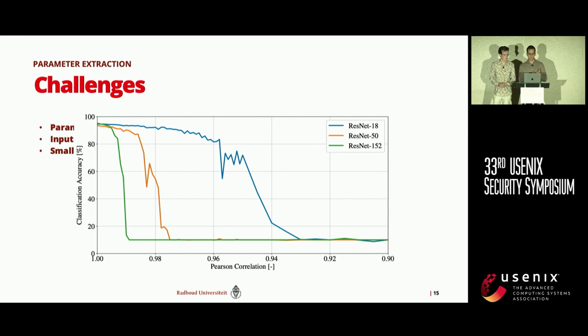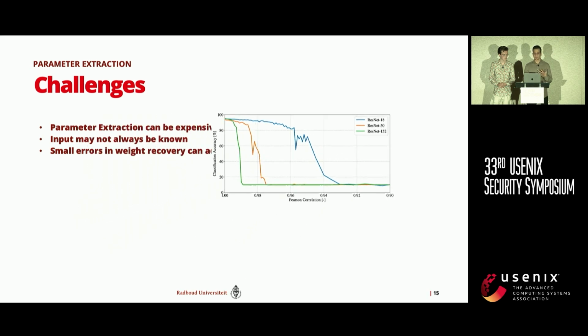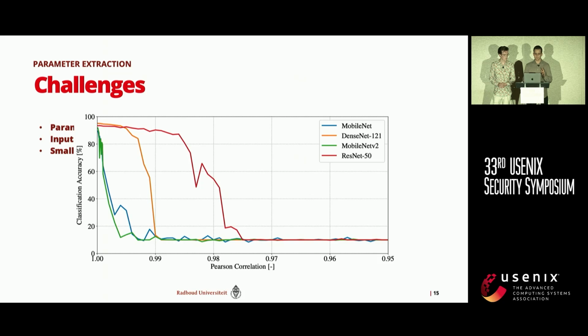For example, the larger ResNet is more robust to these kinds of errors than the smaller ones. In addition, if we compare it to other architectures, MobileNets are very sensitive to errors in the recovered weights.